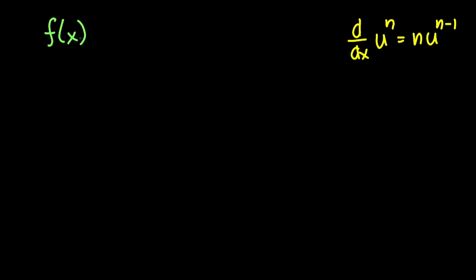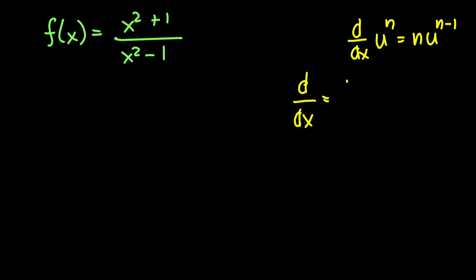F of x be equal to x squared plus 1 over x squared minus 1. So in our case now, we have a division between two terms. The formula for this would be the derivative of u over v. Wait, this should be derivative of u over v.